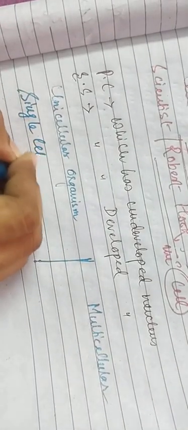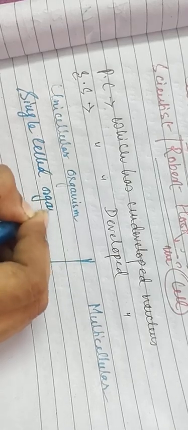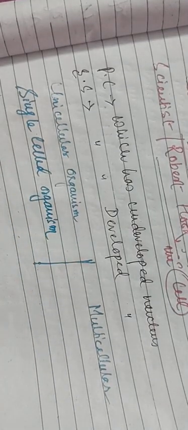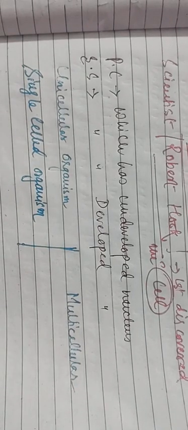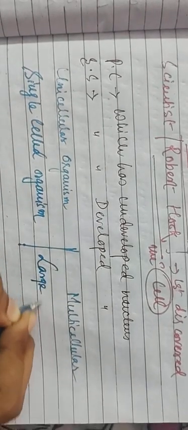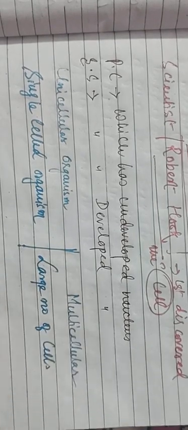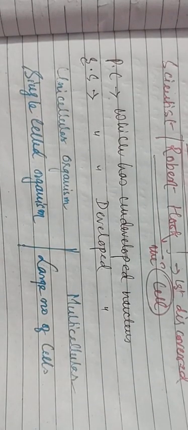And multicellular means it contains a large number of cells. So this is called the single celled organism and this is called the multicellular organism. An example of unicellular organisms is different kinds of bacteria. Multicellular means us, human beings, and plants; we are multicellular organisms.